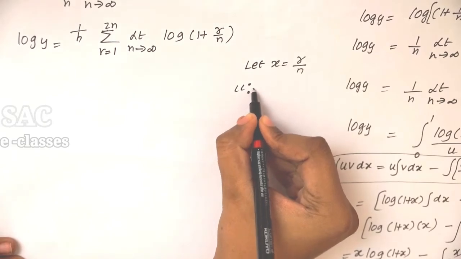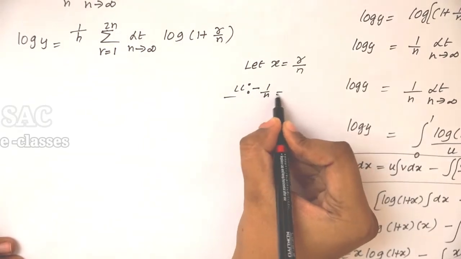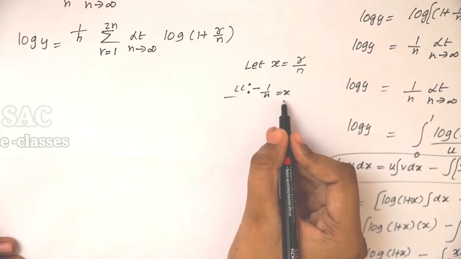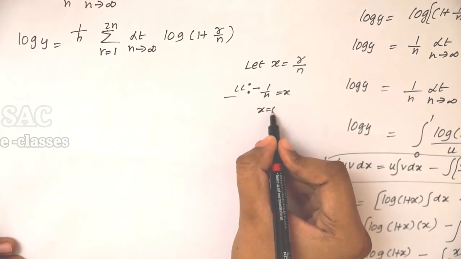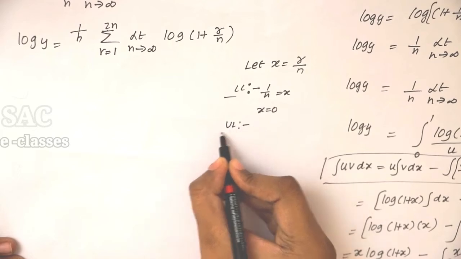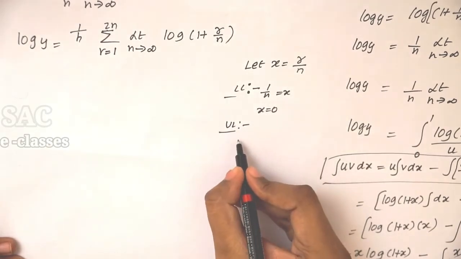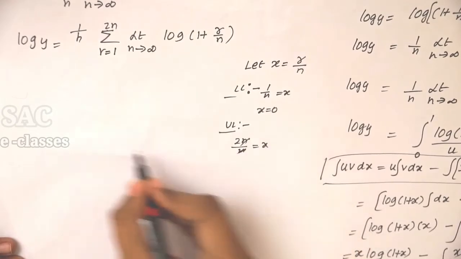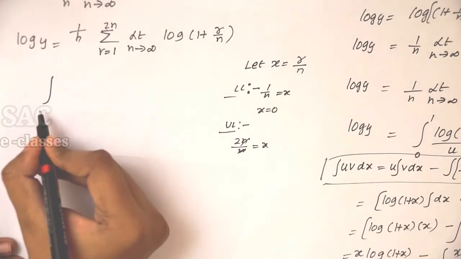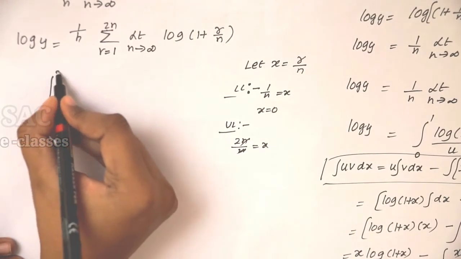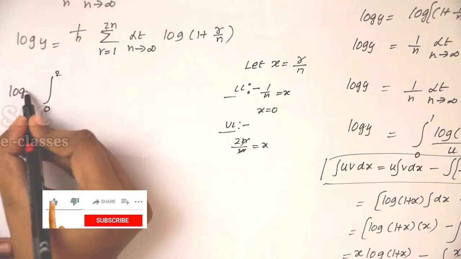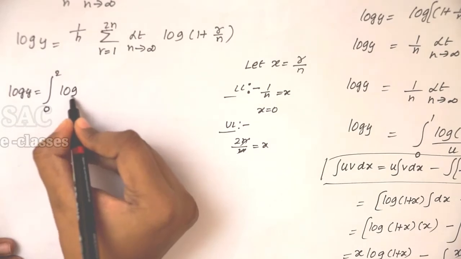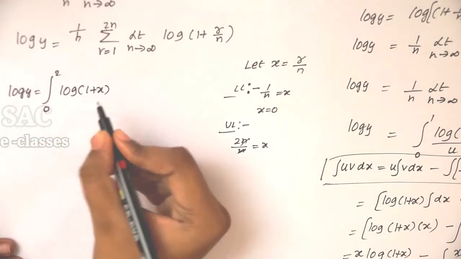Apply the lower limit 1 by n. We know that n tends to infinity, so 1 by n tends to 0. Upper limit is 2n by n, which clearly tends to 2. So log y equal to integration 0 to 2 log of 1 plus x dx.